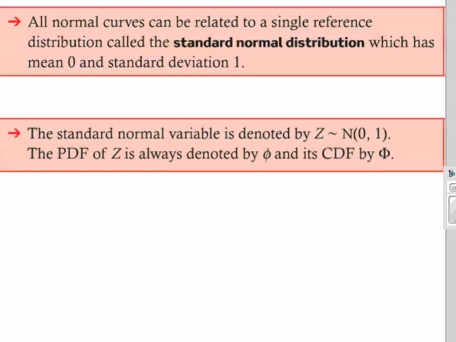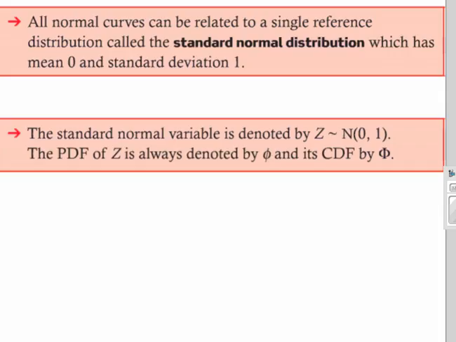And what we're studying in this video is the standard normal distribution, which has mean 0 and standard deviation 1. And it's a really handy thing for us when we don't know the mean and standard deviation of a normal distribution.